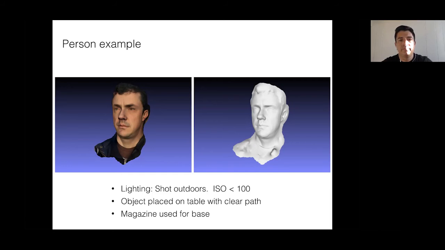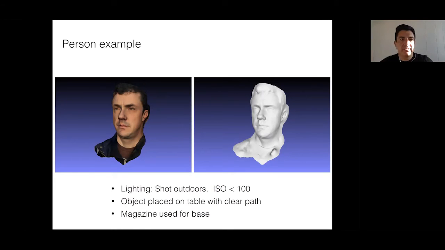So how does the camera app compare with other desktop scanners like the Sense, which use dedicated hardware and then create the mesh and also prep it for 3D printing?